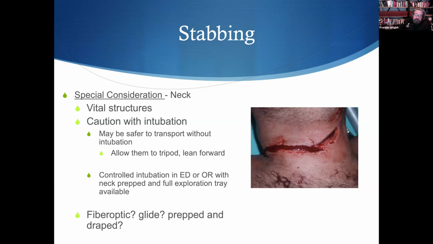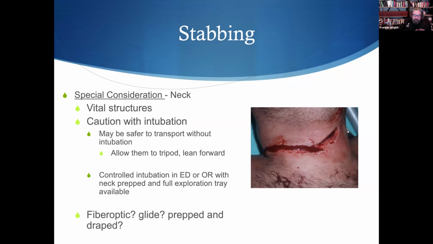What these patients do, because it's a self-protective instinct, is you put them on a stretcher and they're going to be sitting bolt upright, leaning forward. They're trying to let the blood flow out of their airway. And often they're able to maintain their airway by sitting up and leaning forward. The moment that we try to intubate them and give them drugs and lay them flat, now they're drowning in blood and secretions. And it can go very poorly very quickly.